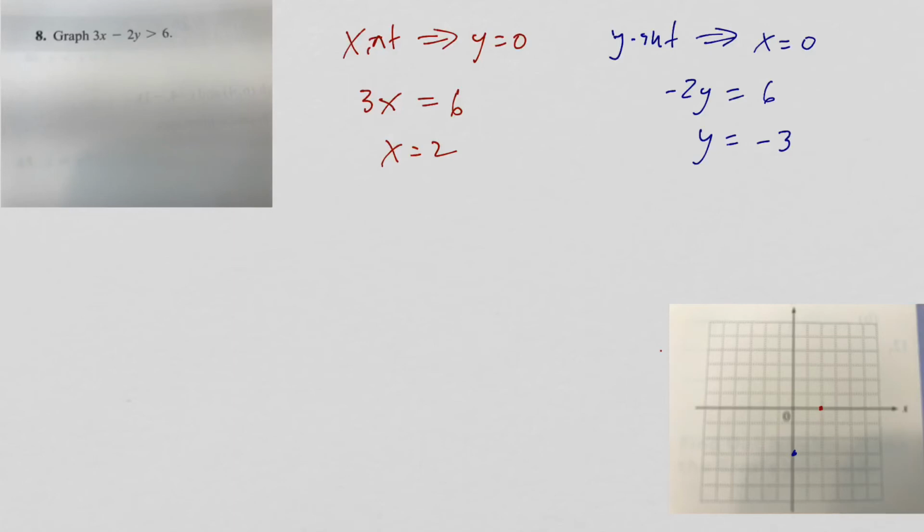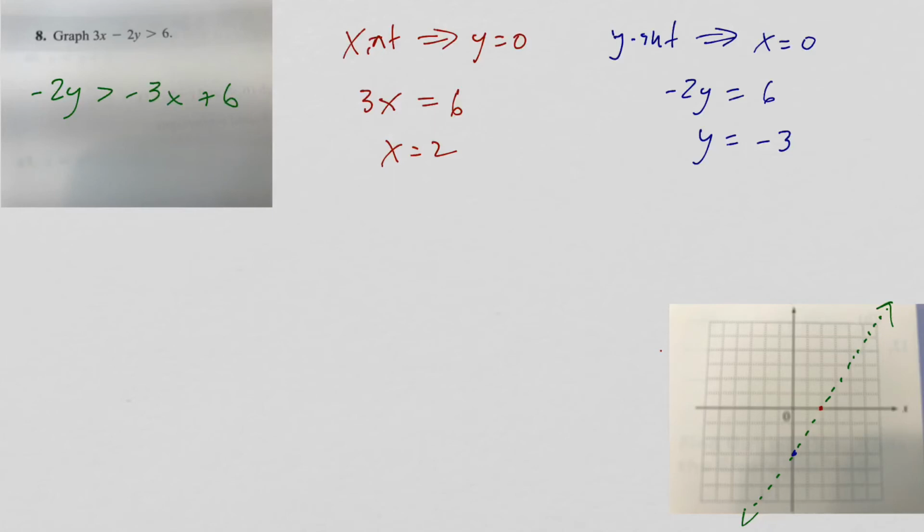And then when you graph this, well, I'm going to put this into slope-intercept form. I know that the graph is going to look like this. It's going to be a dashed line because of the greater than. But I don't want to make a mistake on which way I shade it. So I'm going to solve this for y. So I have negative 2y is greater than negative 3x plus 6.